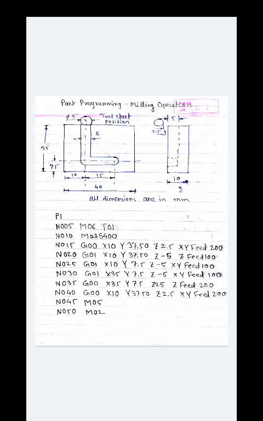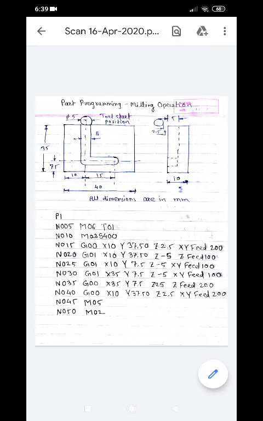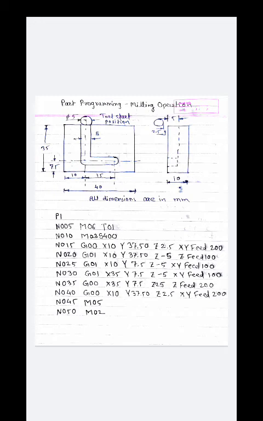Okay, so here we reduce the cutter height by 5 mm. Here I have taken directly the 5 mm depth. Okay, so here you can see in N020 G01 X10 Y37.50 Z minus 5 having a Z feed 100 mm per minute. Okay, here the feed you can take as per your convenience if it is not given.